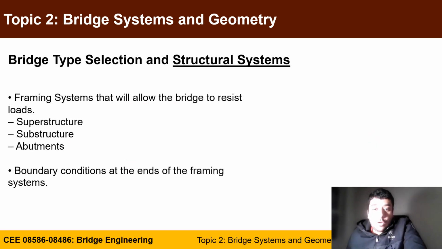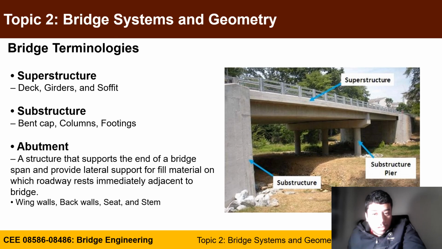In terms of structural systems, which will be the focus of the following few slides, we need to know how to frame those structures. So we have superstructure, substructure, and abutment, and how to do the boundary conditions. This slide is repeated again and again just to make sure every student knows the language we speak in bridge engineering: superstructure, substructure, abutment, stem, wing wall, etc.